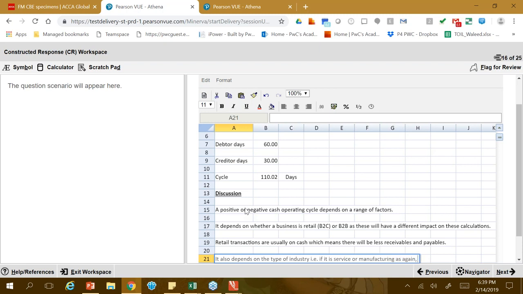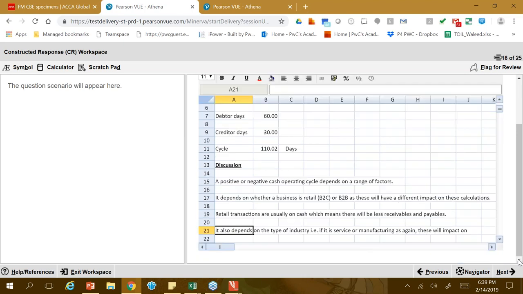Again, these will impact the receivables, payables, and inventory days. So the answer to this is basically we can't really establish unless and until things are clearer to us in terms of what sort of industry it is, what sort of business it is, and things like that.